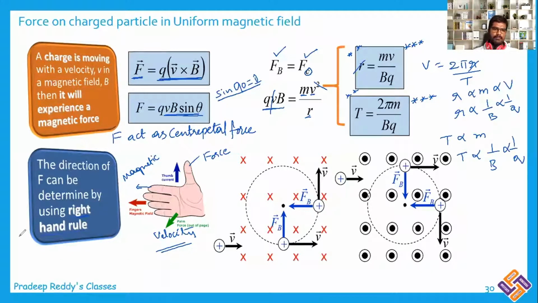So rule 1, you can use Fleming's left hand rule, and you can even use rule 2 because it is a cross product. The direction of a cross product is always given by the right hand thumb rule. You can learn that in vectors.